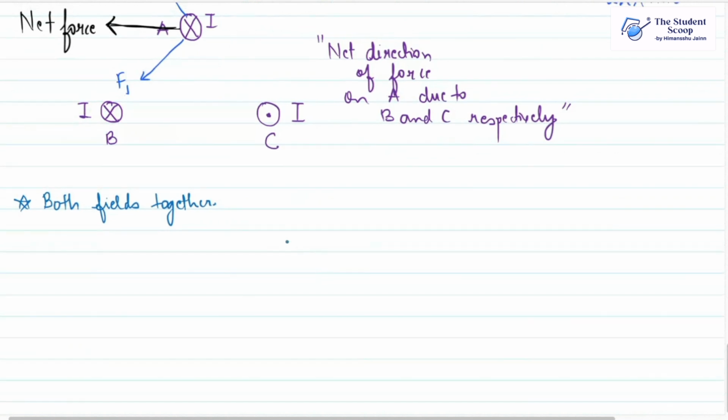Okay. So for that, let's say we have a parallel plate here. The top end is positively charged. The bottom end is negatively charged. And we also have a magnetic field in between them, which is into the page.